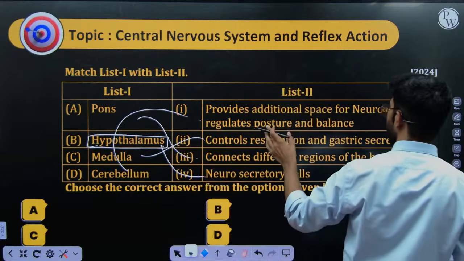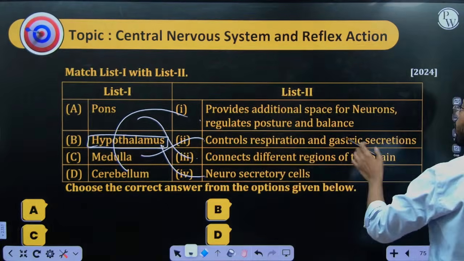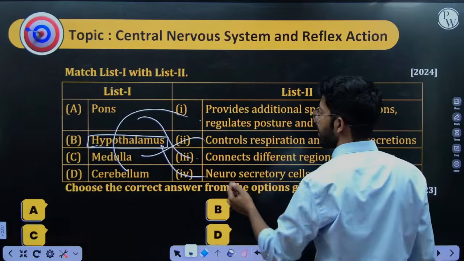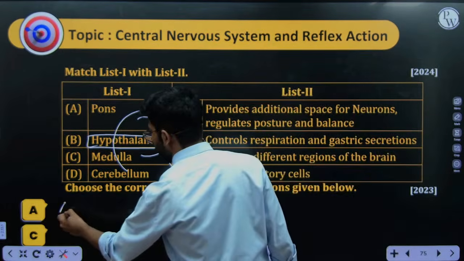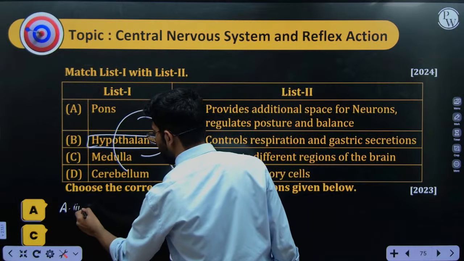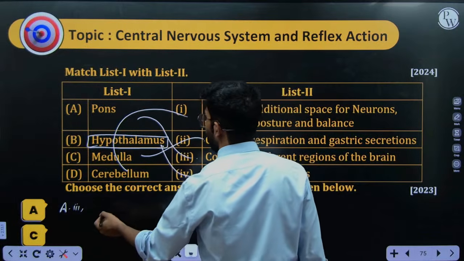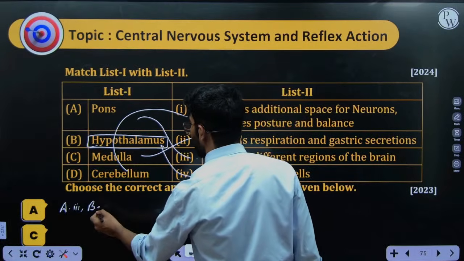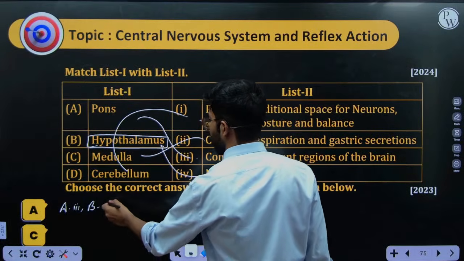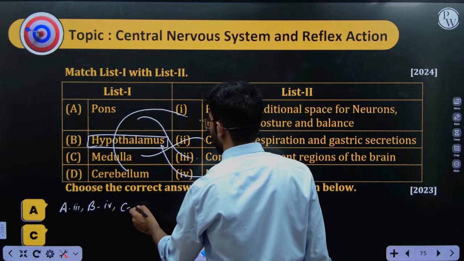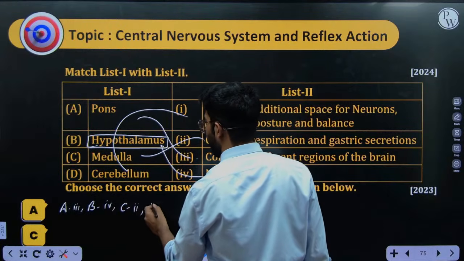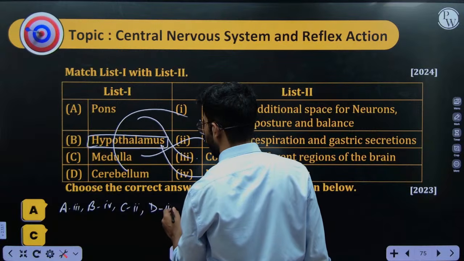And cerebellum has the additional space for neurons. So the right match is A to third, B to fourth, C to second, and D to first.